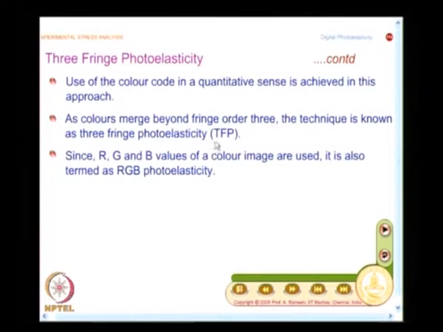We abbreviate this as TFP, and you also have another name to it, because I use the R, G and B values of a color image. It is also termed as RGB photoelasticity. So, essentially you use the RGB values to identify the fringe orders in a quantitative sense.